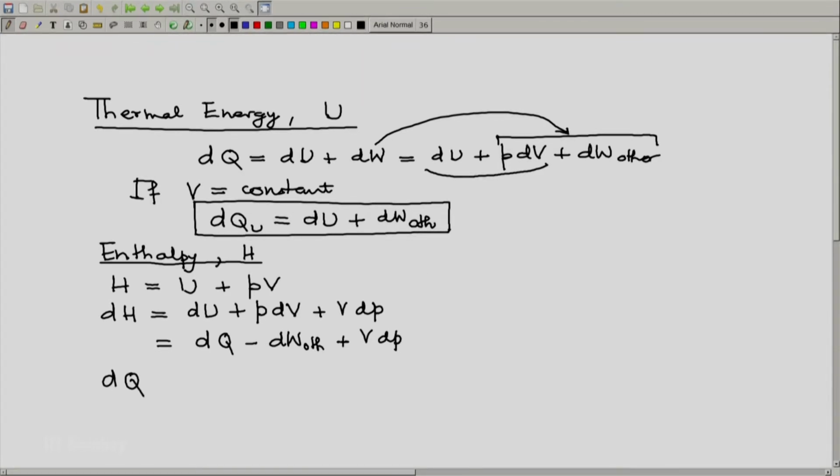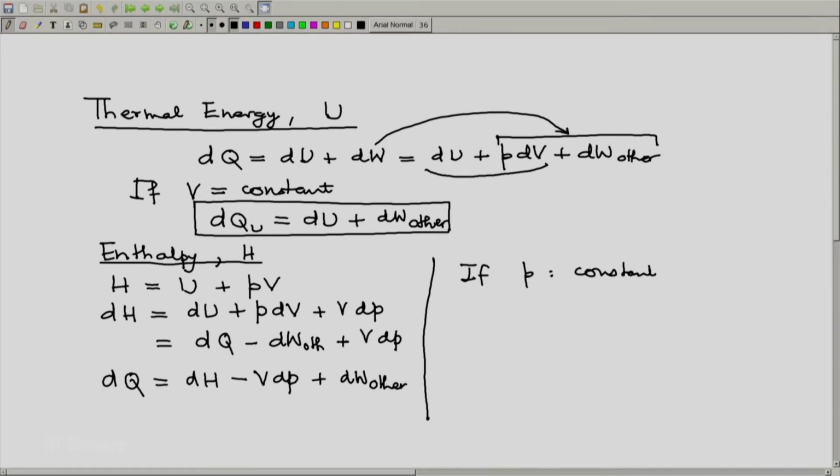Now let us transpose dQ to one side and consider a process in which pressure is constant. First we write dQ equals dH minus VdP plus dW other. And now consider a situation where P is constant.